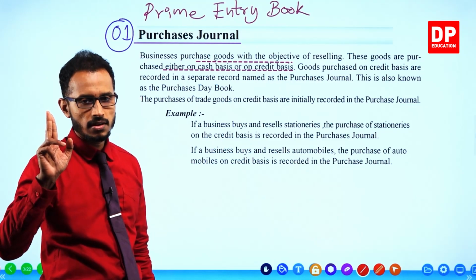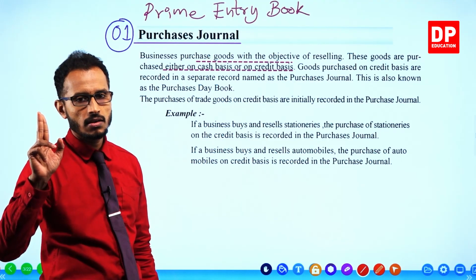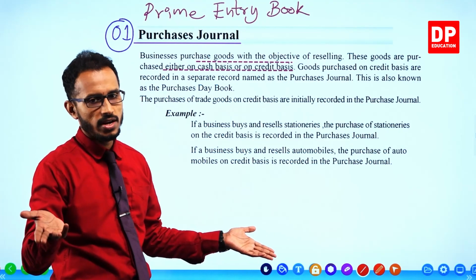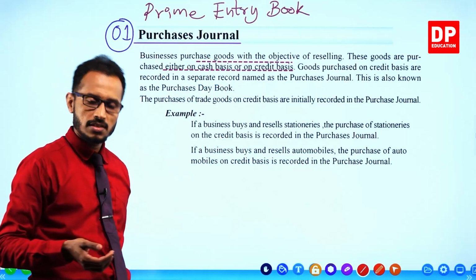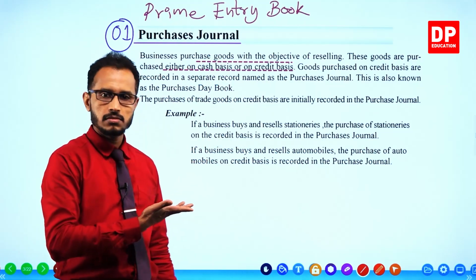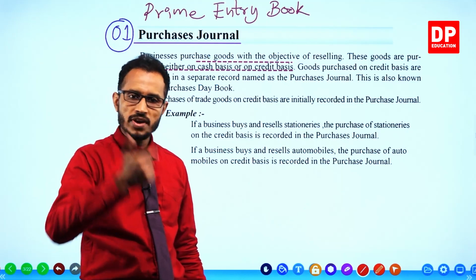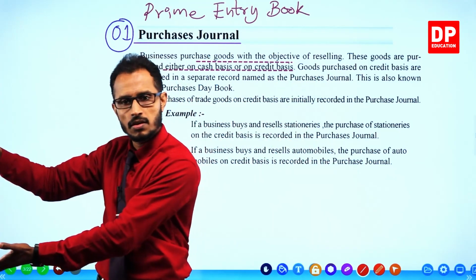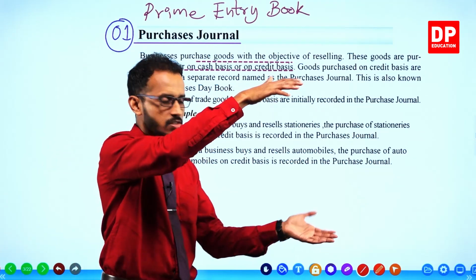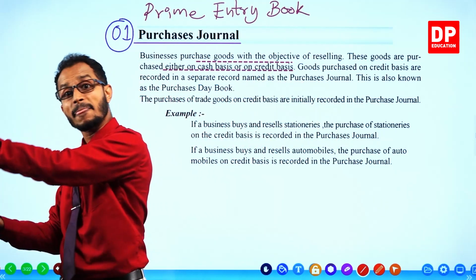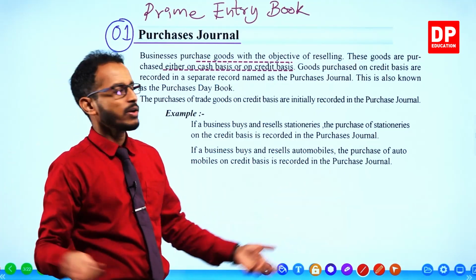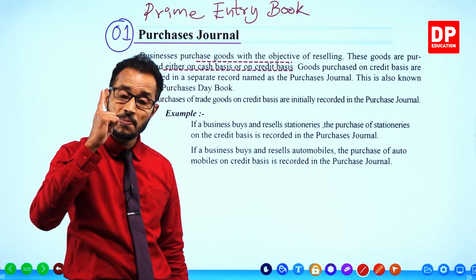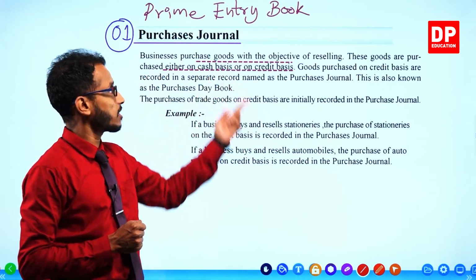Why would you record cash purchases in the purchases journal when you must record them in the cash book? No, cash purchases are not recorded in the purchases journal. Only credit purchases are recorded in the purchases journal.